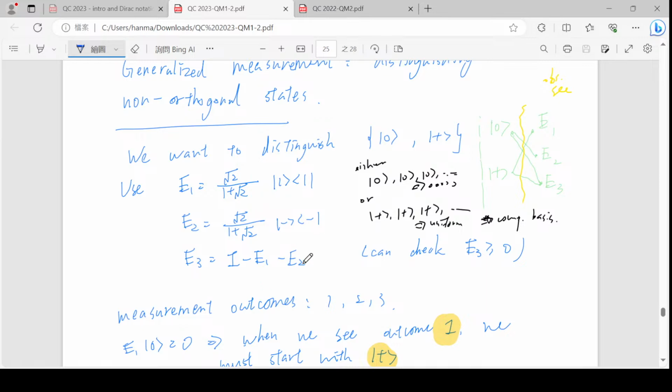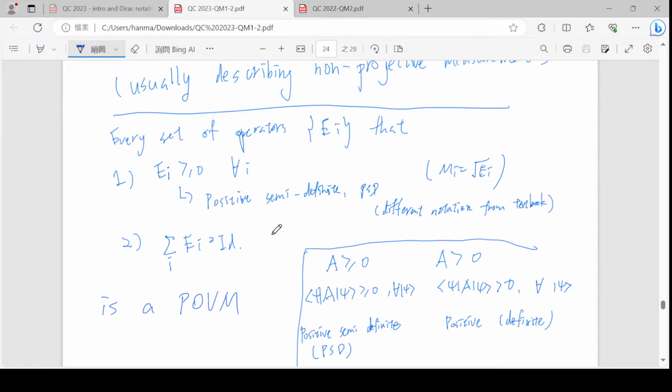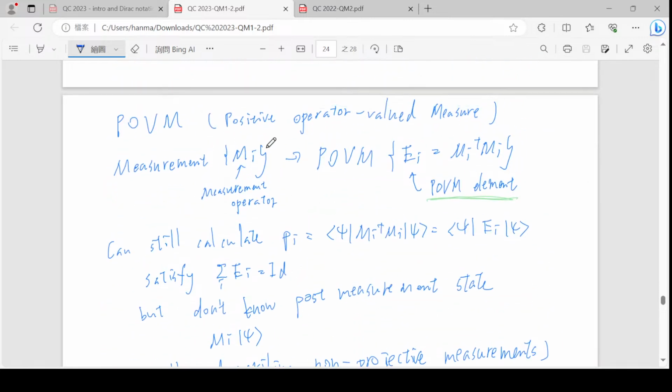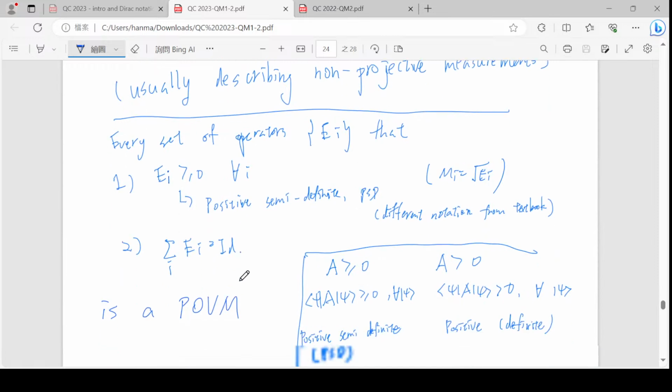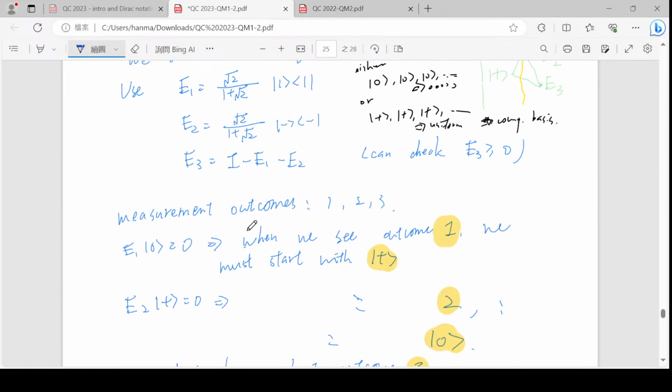You can see it's easier to construct a POVM than constructing a measurement with M_i, because the E_i sum to identity. Their normalization is that they sum to identity.